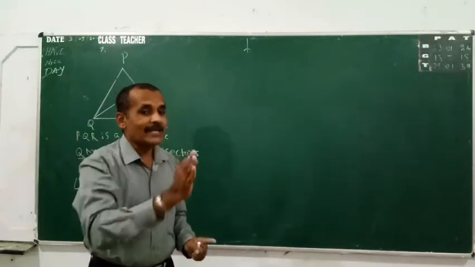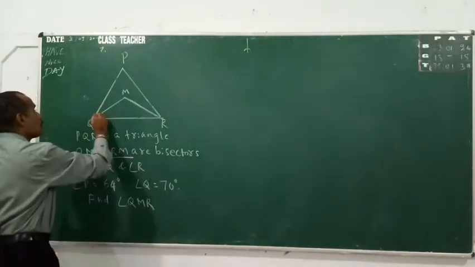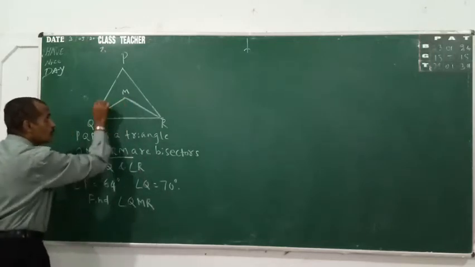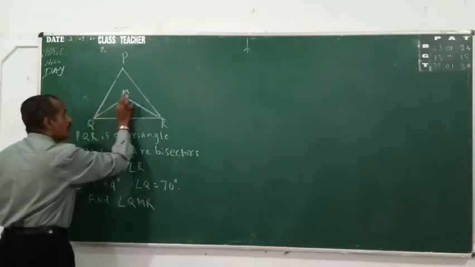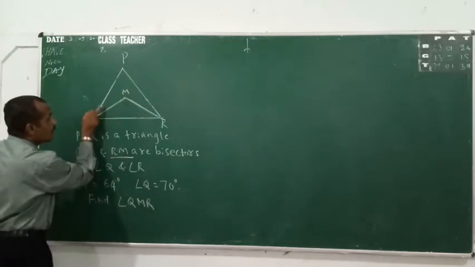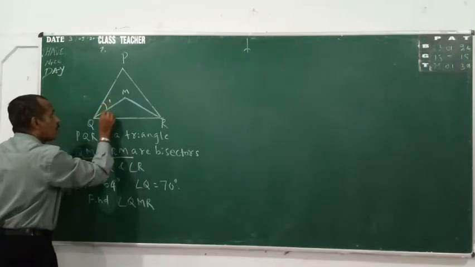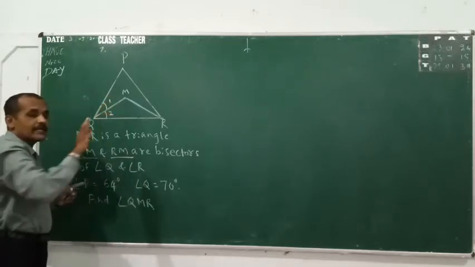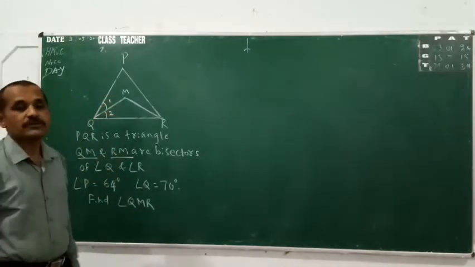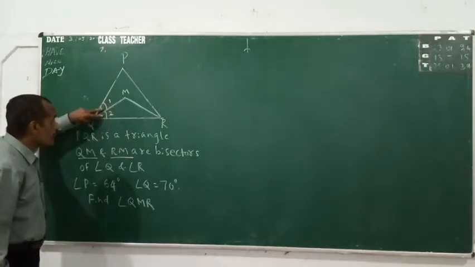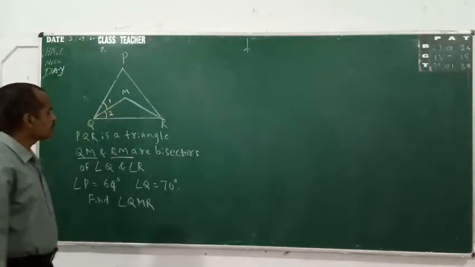They say QM is an angular bisector of angle Q. That means QM divides this full angle Q into two equal parts. I can say angle 1 and angle 2 are equal to each other, because this is a bisector of angle Q. These two parts are equal to each other.